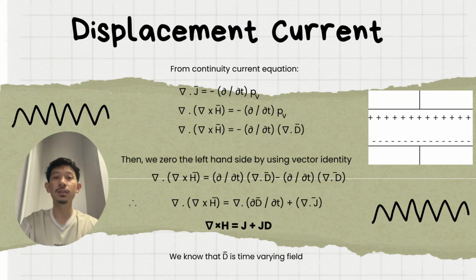For the derivation, we know that from the continuity current equation, the divergence of J is equal to negative d over dt of rho v.